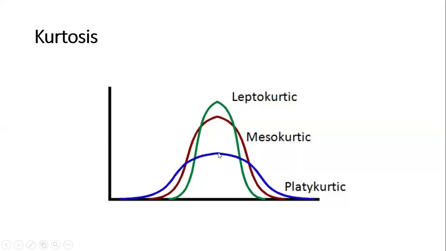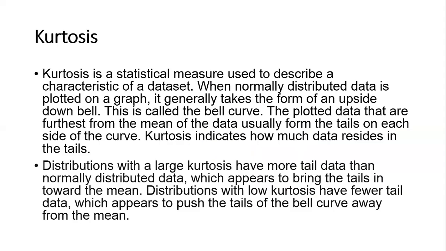But in the case of low kurtosis, where there's less data on the tail, that makes the top depressed. That's low kurtosis. Well, you may not be using all this analysis on a day-to-day basis, just for knowledge sake. Distributions with low kurtosis have less tail data, which appears to push the tail of the bell away from the mean.